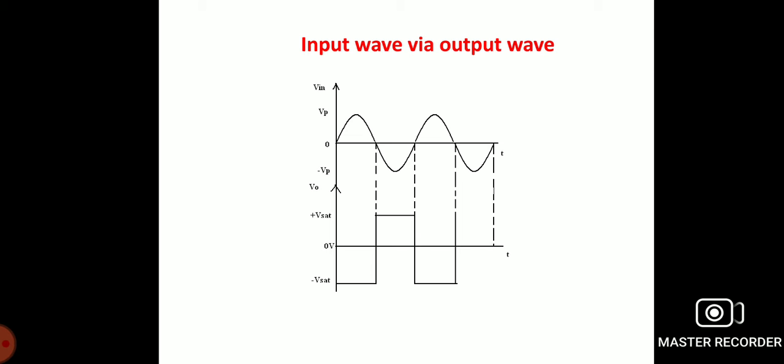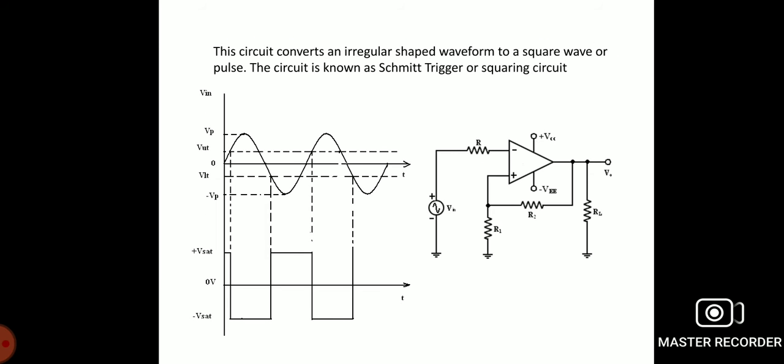The inverting comparator with positive feedback is known as the Schmitt trigger. The Schmitt trigger circuit with input and output waveforms is shown in the figure. This circuit converts an irregular shaped waveform to a square wave or pulse. The circuit is known as a squaring circuit.